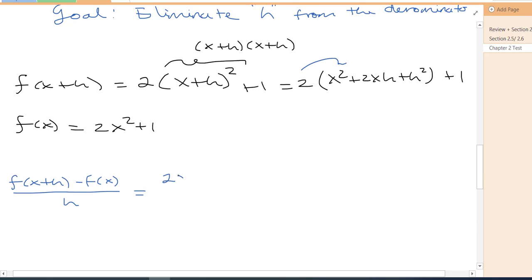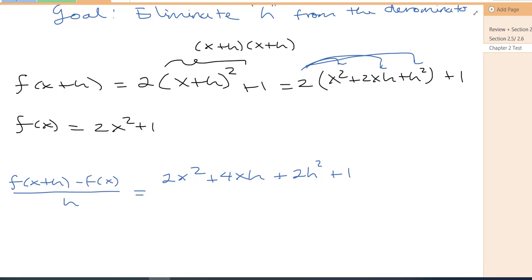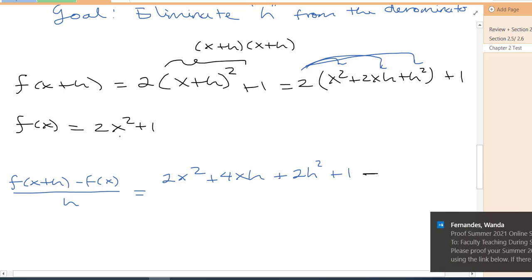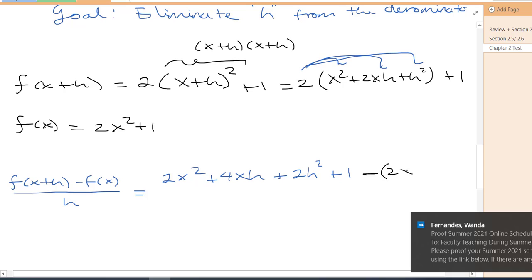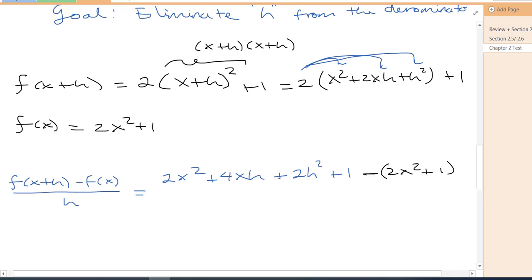So it'll be 2x squared plus 4xh plus 2h squared plus 1, right? That plus 1. Now minus f of x. Since f of x has more than one term, I'm going to put parentheses in there. And then the whole thing is divided by h.